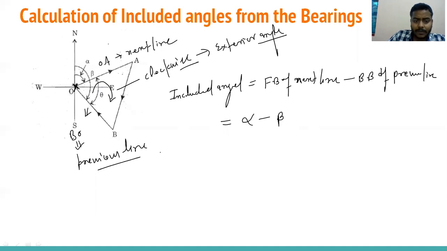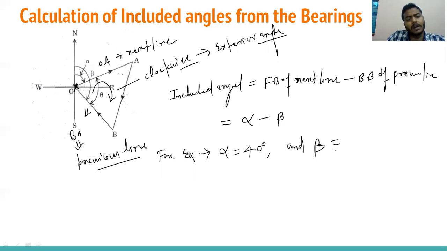Let's take another example. In this case, alpha is given, take some value like 40 degrees, right? And beta is given according to the figure. Guess what will be the beta? Beta is coming around 120 degrees. Just note down 120 degrees, for example. So the included angle we can calculate.